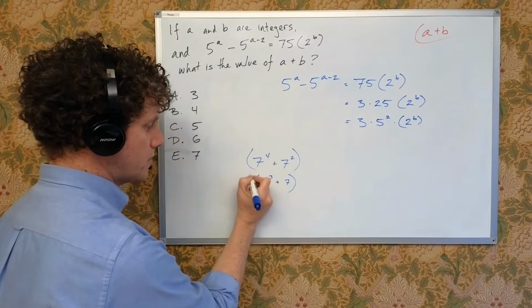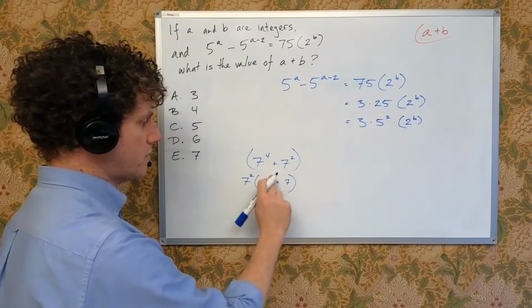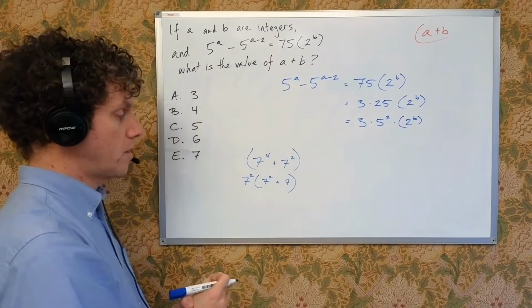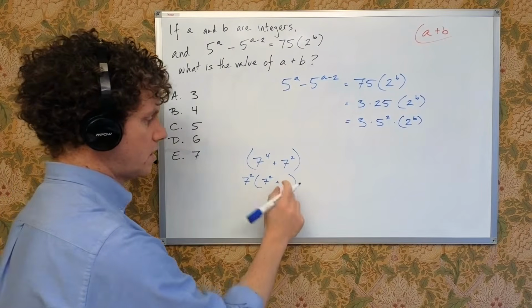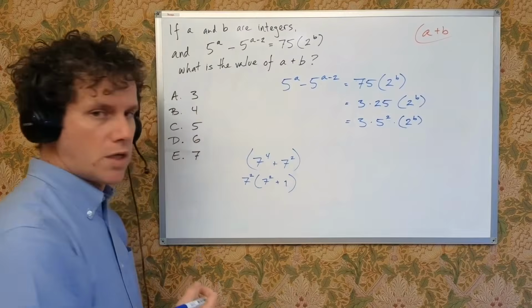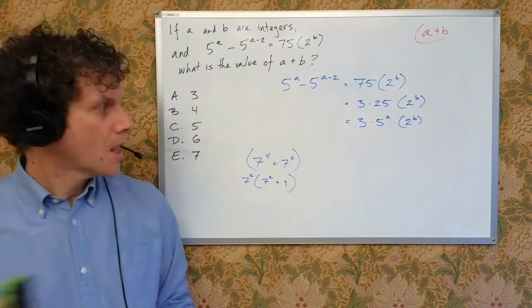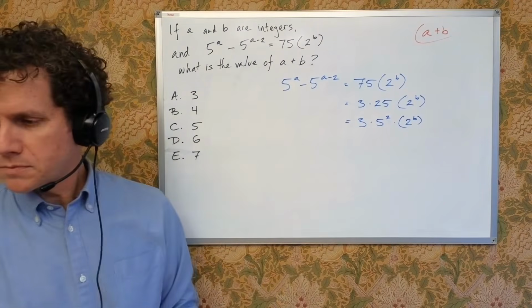We could take out two 7's from each term: take two 7's out of 7 to the 4th, and you've got 7 squared. Take two 7's out of 7 squared, and you leave just a 1 behind. Okay, super, fine. Let's do something like that up here.